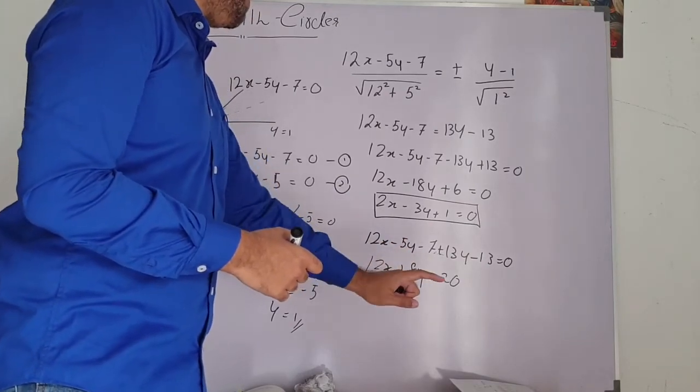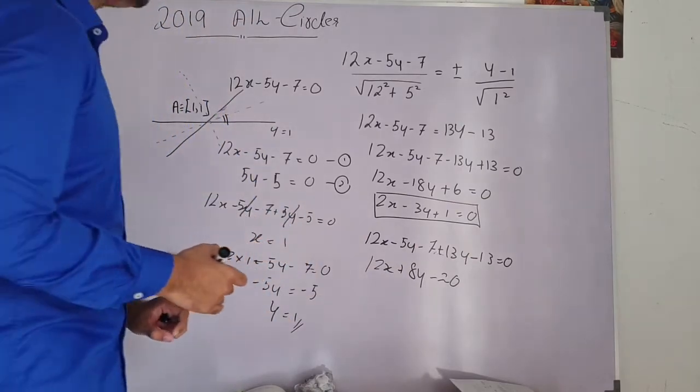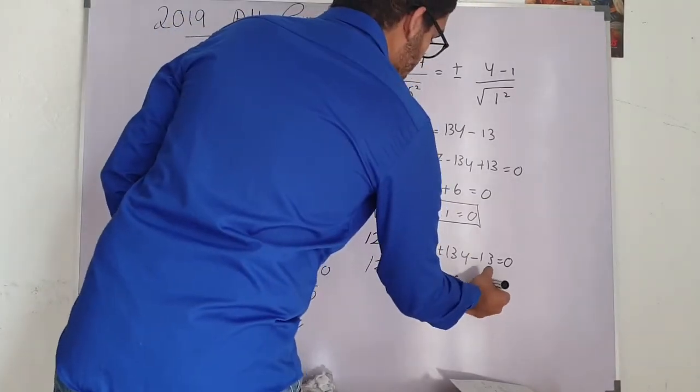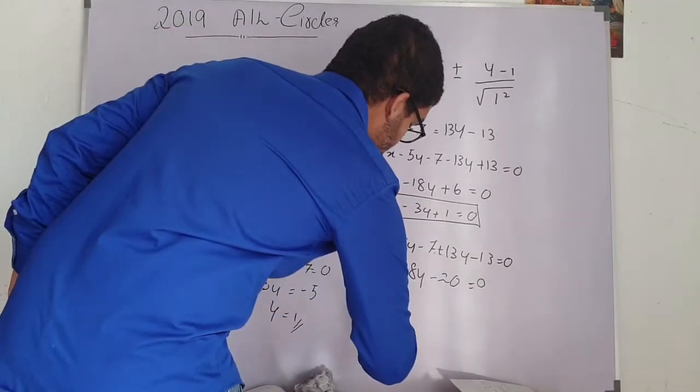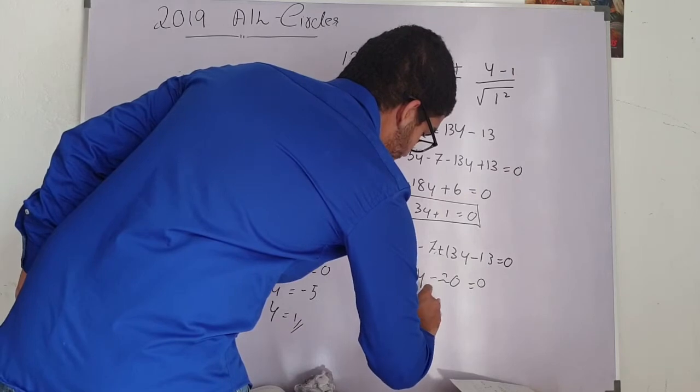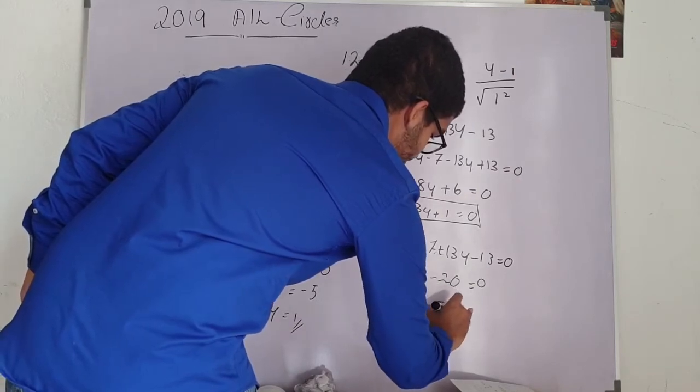So this will also be equal to 0. We can divide this by 4, and when we divide by 4, this is going to be 3x plus 2y minus 5 equals 0.